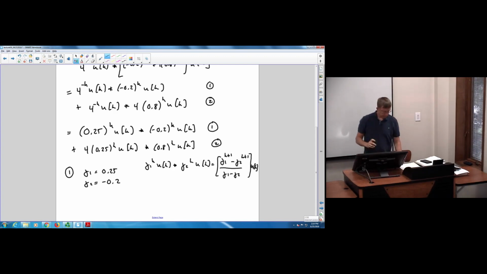Okay. Obviously, gamma 1 not equal to gamma 2, otherwise you run into problems right here in the denominator, right? But we don't have that. Gamma 1 is 0.25, gamma 2 is negative 0.2.